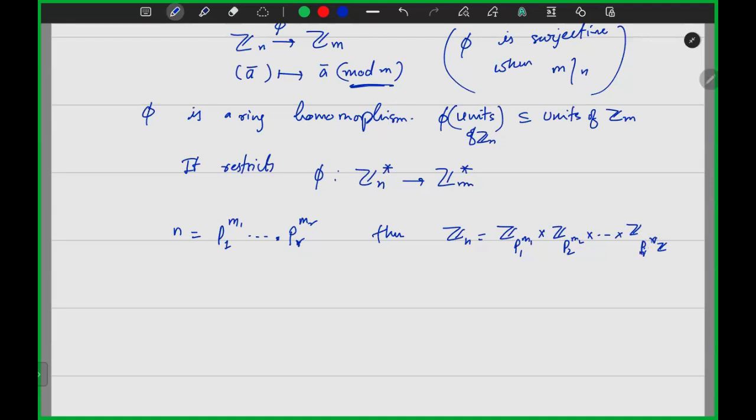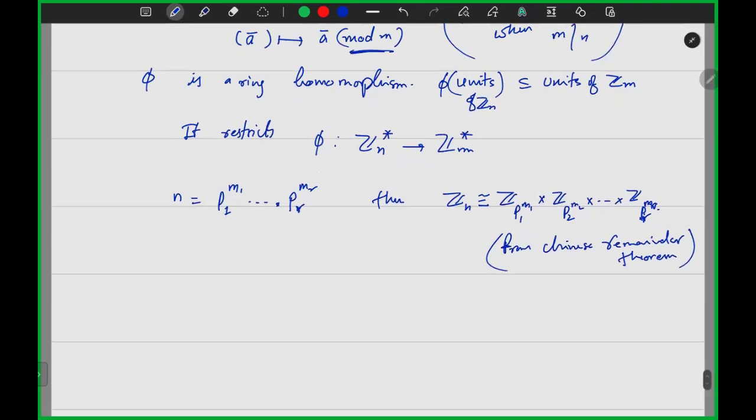Z_{pr^mr}. So this is from the Chinese remainder theorem. We can also say that the multiplicative groups are isomorphic.